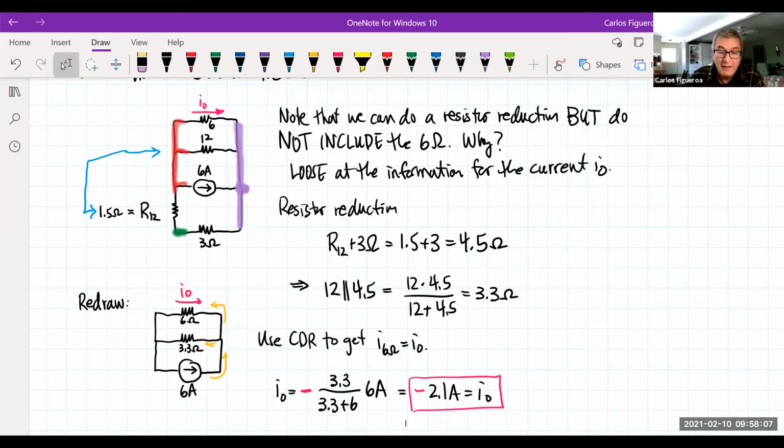So when you take the quiz next week, the one thing you want to remember here is that you're going to get one circuit that's primarily, almost exclusively, resistor reduction with KVL, with VDR and CDR. Okay, that's what you're going to do then.